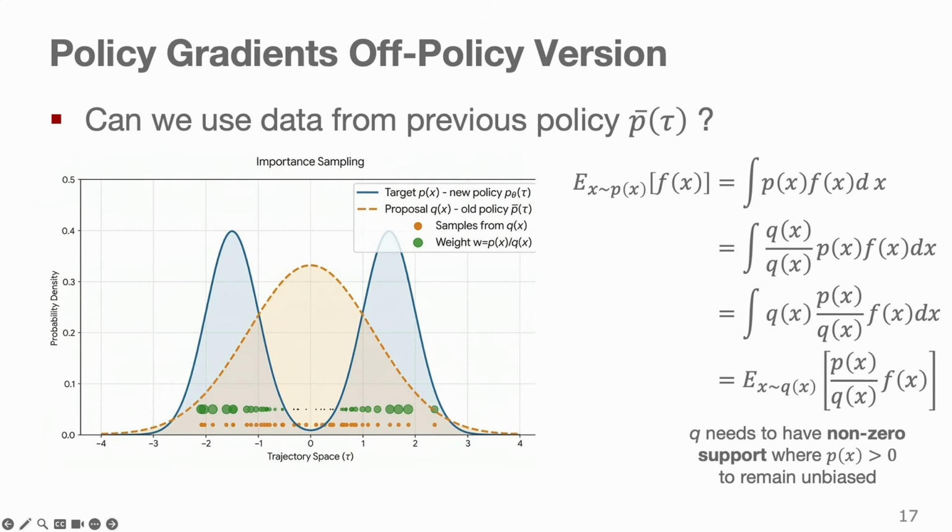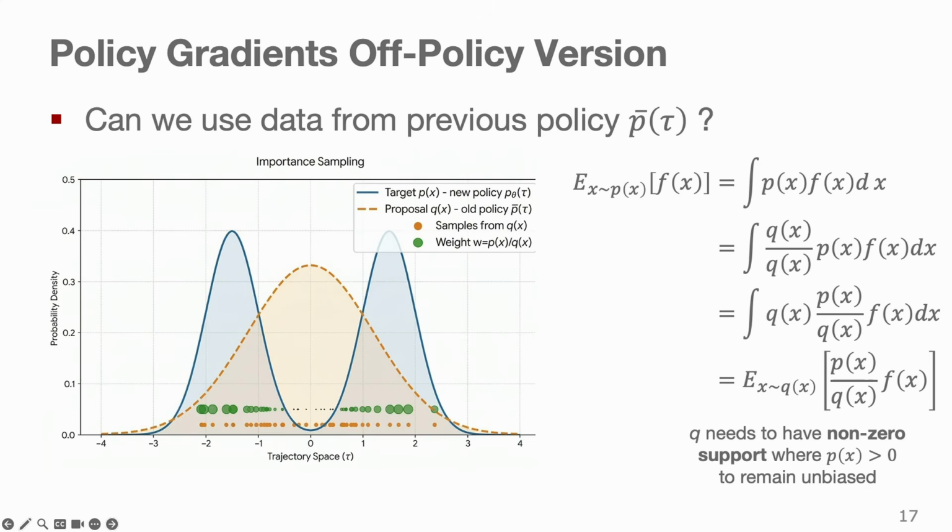So to do this, we can write the expectation as an integral. We can use the same multiply by 1 trick from the previous derivation to add the term q of x divided by q of x inside the integral here on the right.